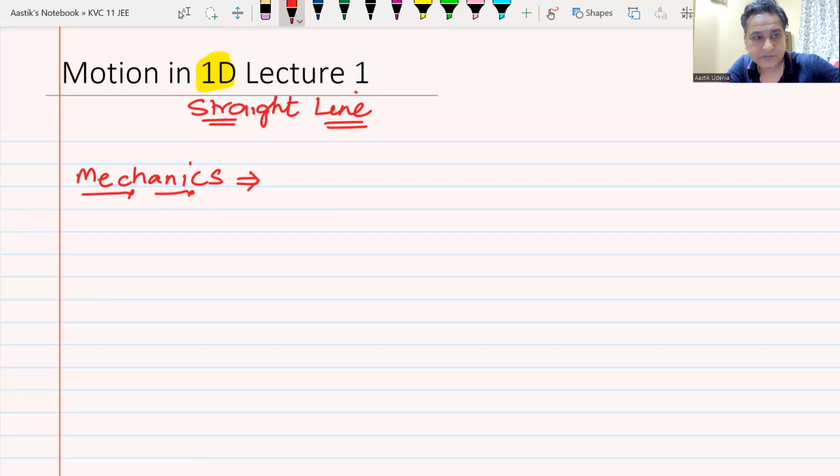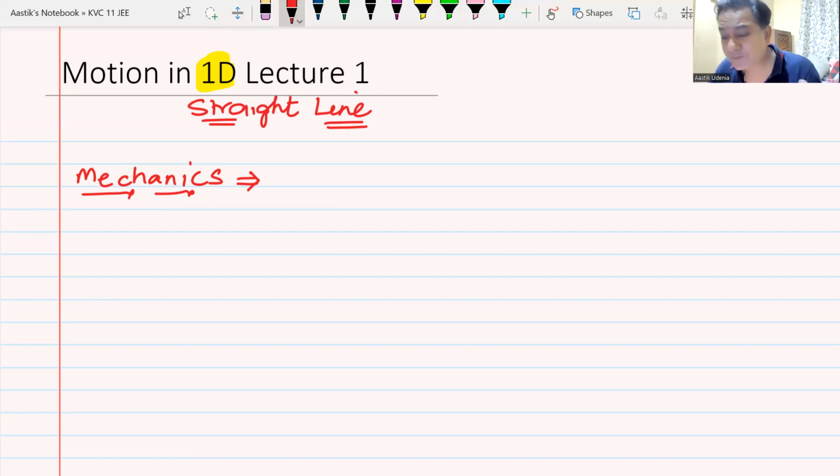Mechanics is basically the study of objects that are in motion, or motion of objects. If you are studying a particular motion, that will come under the purview of mechanics.